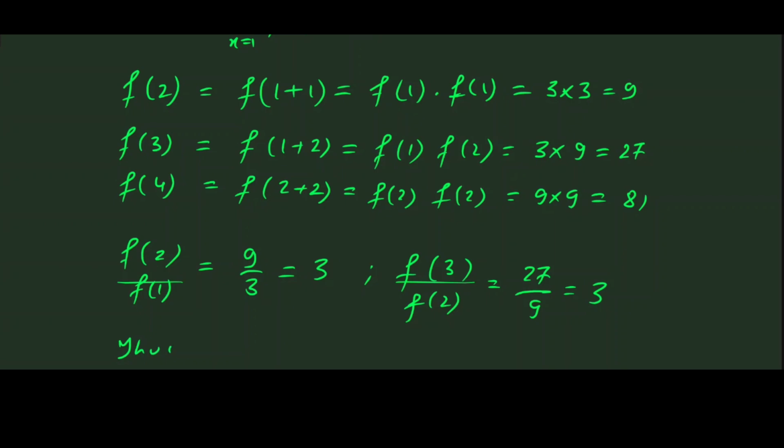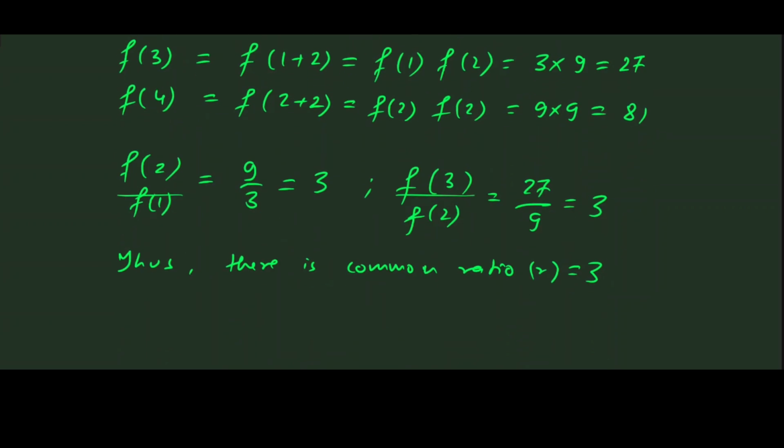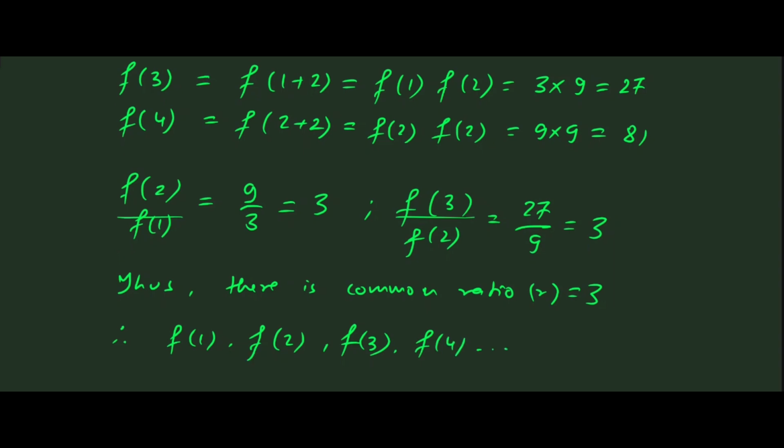Thus, there is a common ratio r equal to 3. Now we can say that f of 1, f of 2, f of 3, and so on, they are actually in GP.